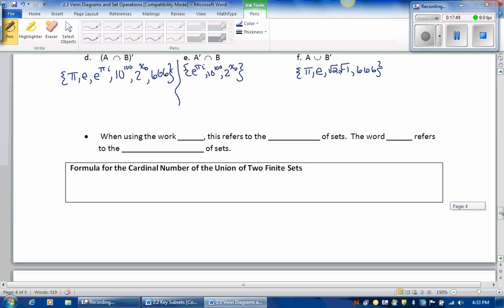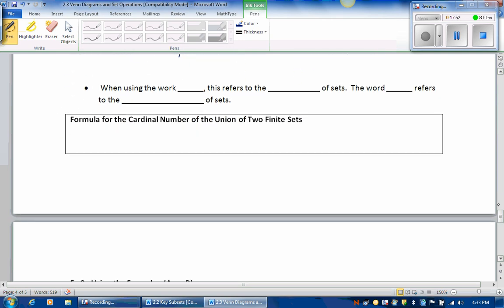All right, so when using the word, that should say word or, this refers to the union of the sets, okay? When using the word and, it refers to the intersection.